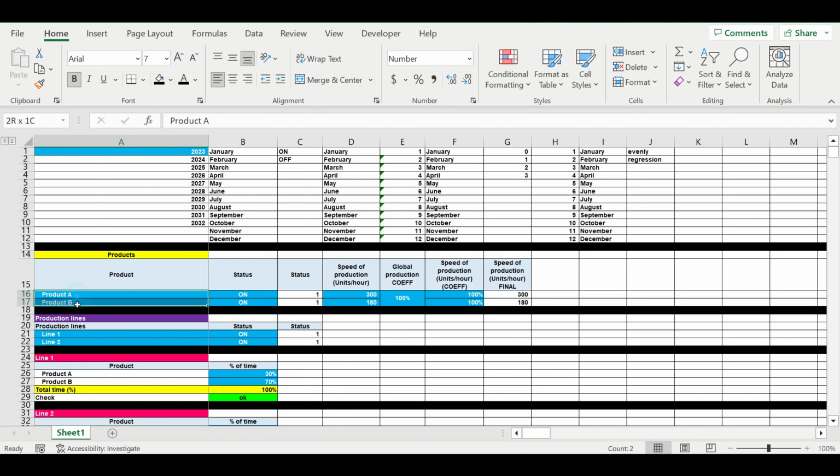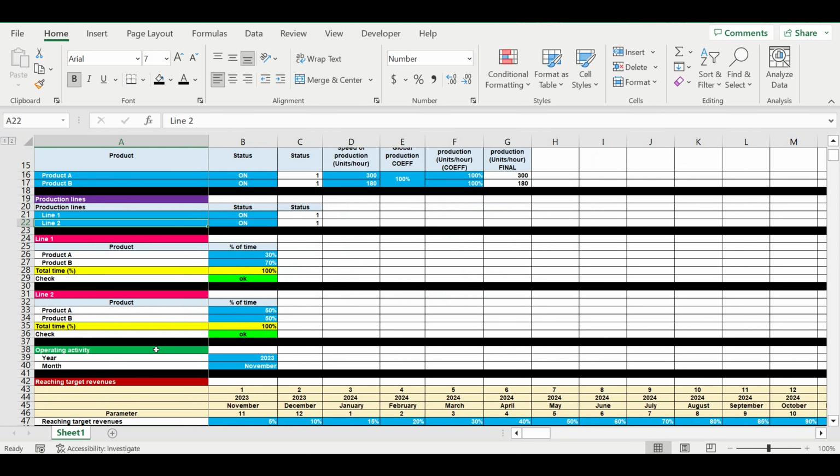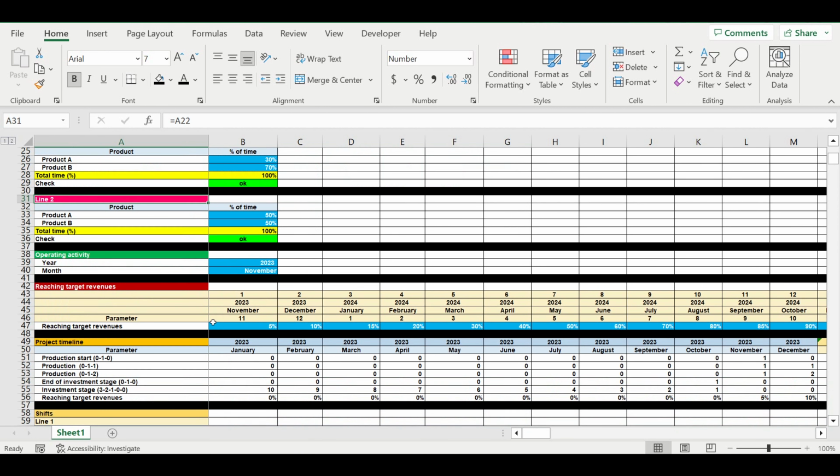We have two products, product A and product B. We can switch these products on and off in the calculations. We have two manufacturing lines, and we can switch each product line on and off from the calculation. Then we can allocate the time when we produce product A and product B on line 1 and line 2.